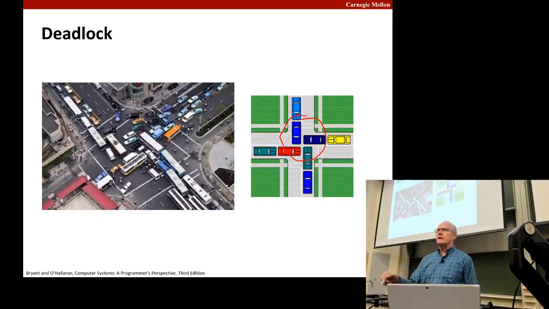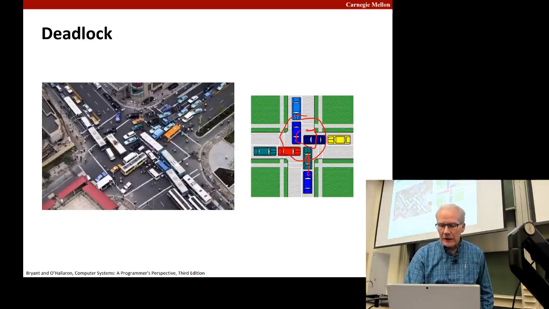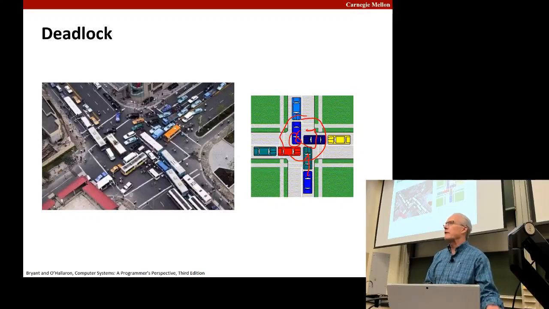And you can see very clearly illustrated a circular dependency: each one has a resource, meaning a little piece of the intersection, that another car needs, and they can't go anywhere because they all have this circular cycle of dependency. And that's a classic deadlock situation.